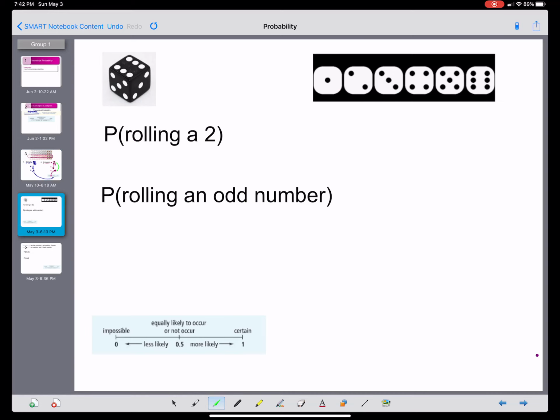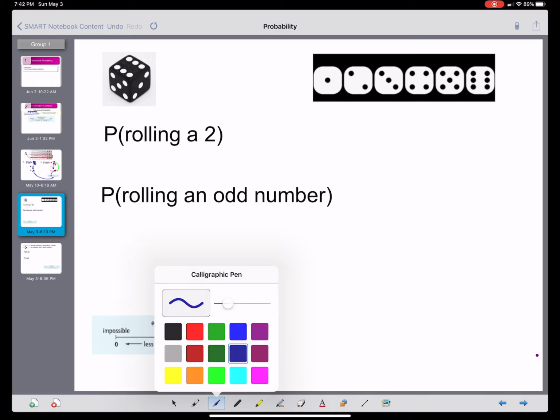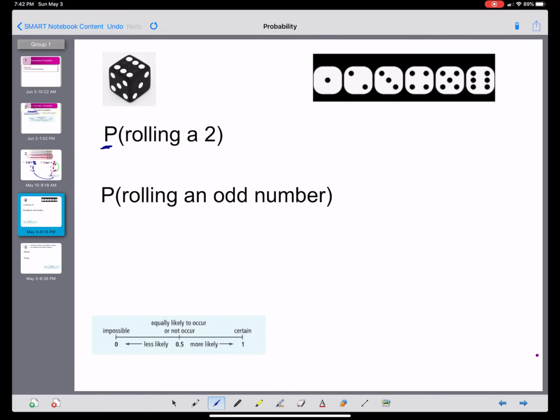All right, another way we can find probability is using a dice. On the left-hand side is an example of a dice. We see this is a 6-sided dice, and if we were to flatten this out, you have your 6 sides. It's asking us, what is the probability, that's that P, of rolling a 2.